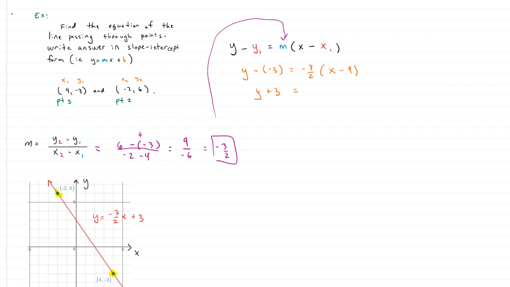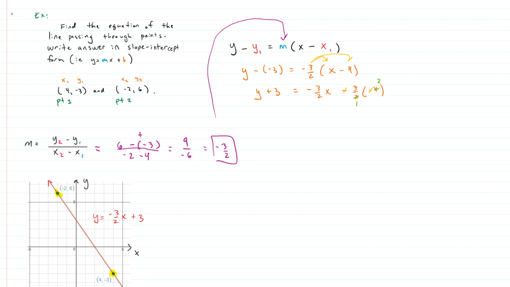We need to distribute that -3/2 through. So we get -3/2 x minus 3/2 times -4. We have some canceling here because the negatives cancel, and the 4 and the 2 cancel and give us 2.